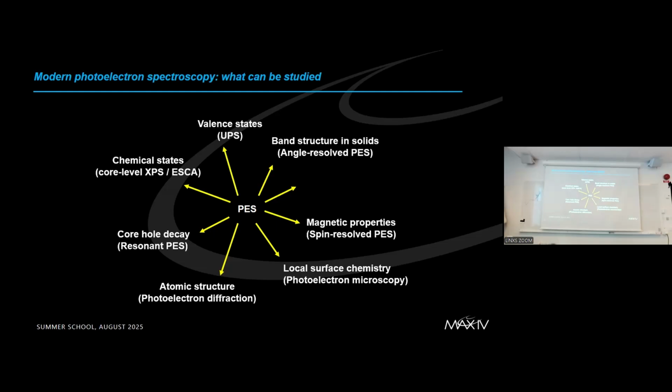You can also make movies of different processes with photoelectron microscopy. Finally, you can study electron dynamics by using time-resolved photoelectron spectroscopy. So it's a very powerful technique, but today we will concentrate on chemical states studied with XPS or ESCA.